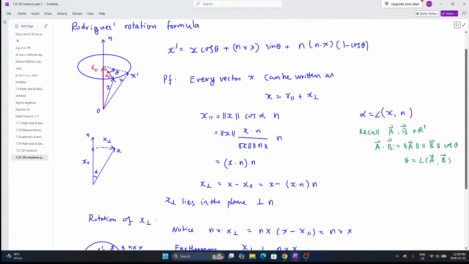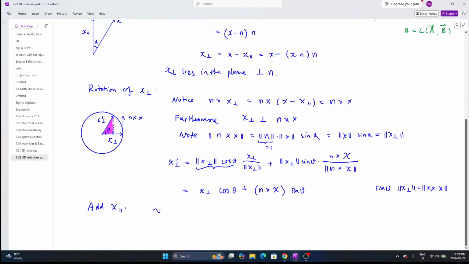So the overall rotated vector x prime is x parallel plus x perpendicular prime. All right. Okay, so substitute the expression of x perpendicular prime, we get x parallel plus x perpendicular cosine of theta plus n cross x sine of theta.